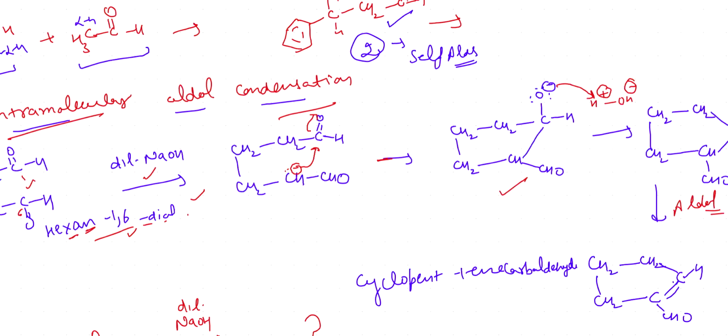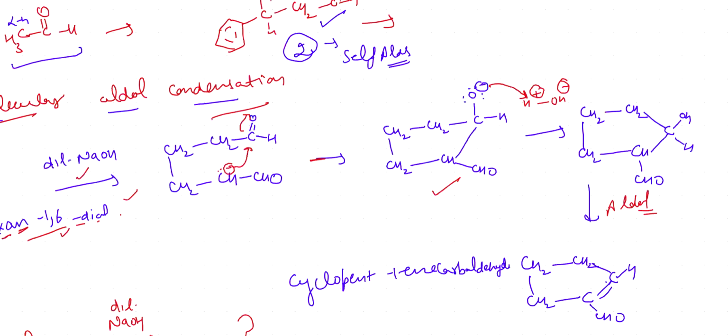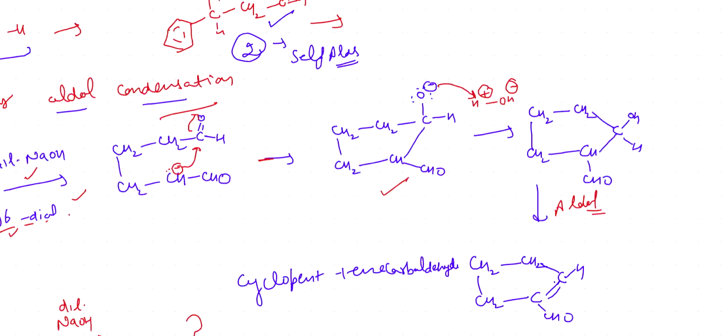When aldol is formed, this is your carbon number 1, 2, 3, 4, 5, 6. Now, when aldol is formed, then there is elimination of one molecule of water. Hydrogen will be abstracted from alpha and hydroxy from beta. So this is your alpha beta unsaturated product. And what is its IUPAC name?